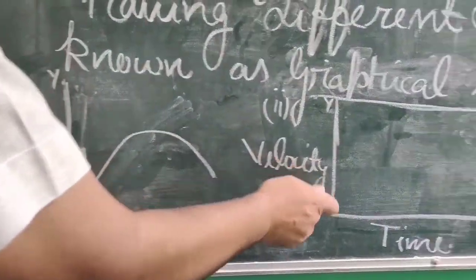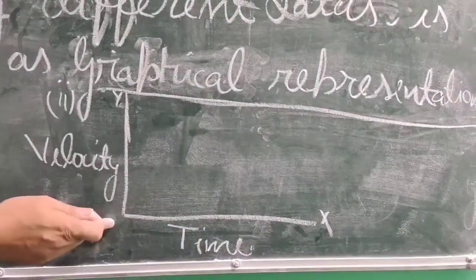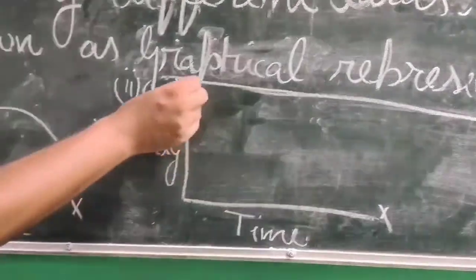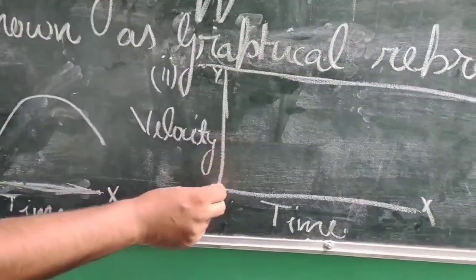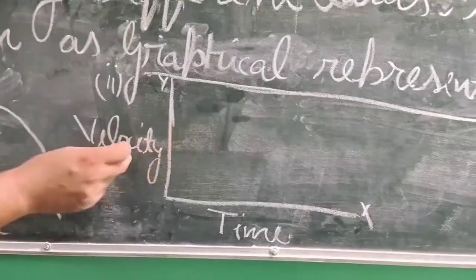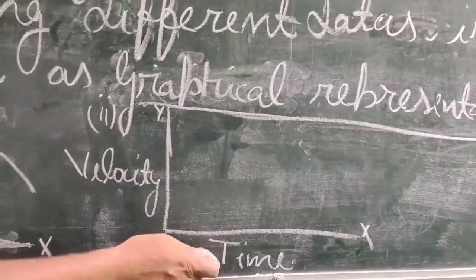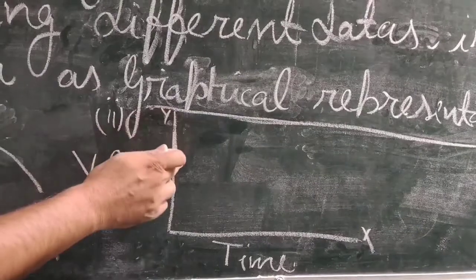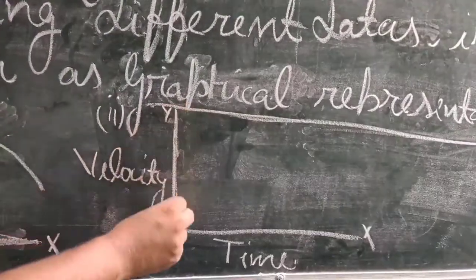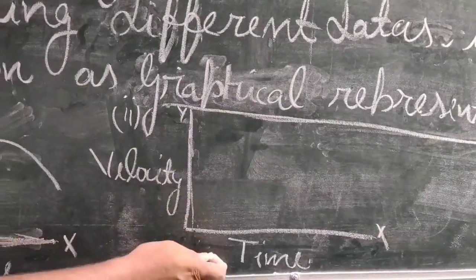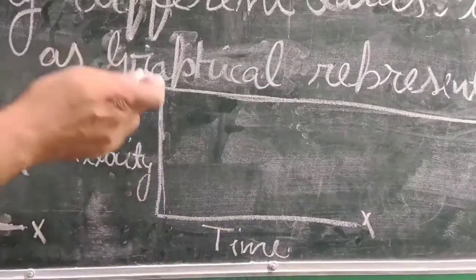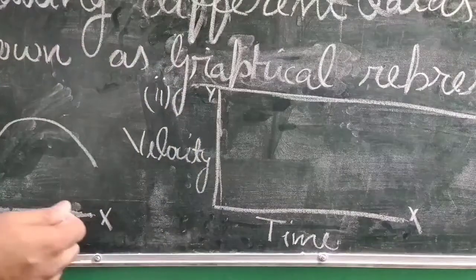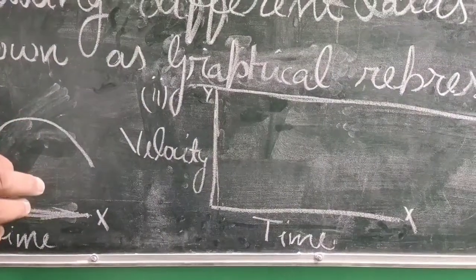Next is the velocity-time relation. In this, again we will take the x-axis as time and the y-axis as velocity. With the help of this velocity and time graph, we can get the velocity and time relation, and another physical quantity that we can know, that is acceleration.